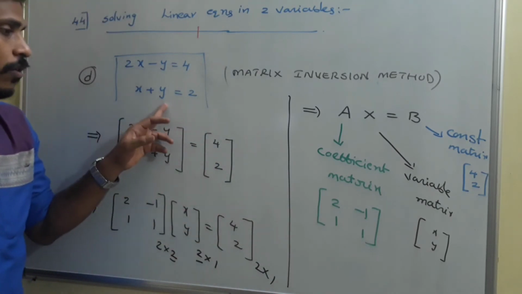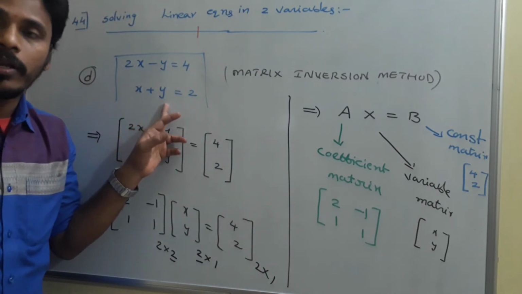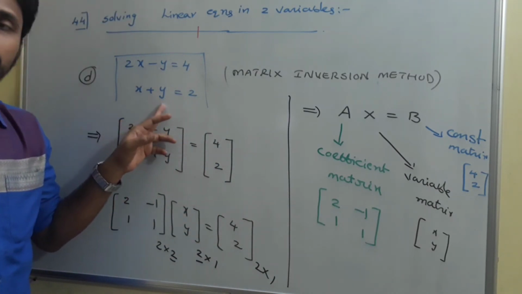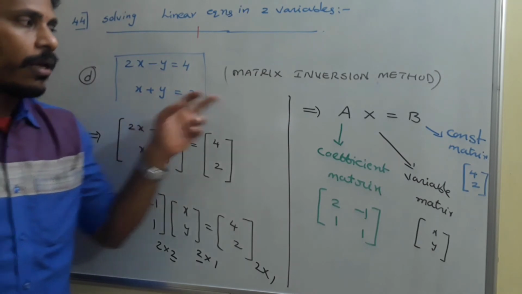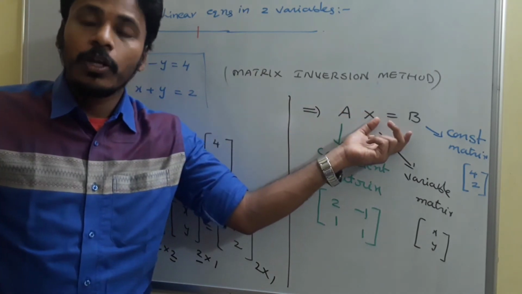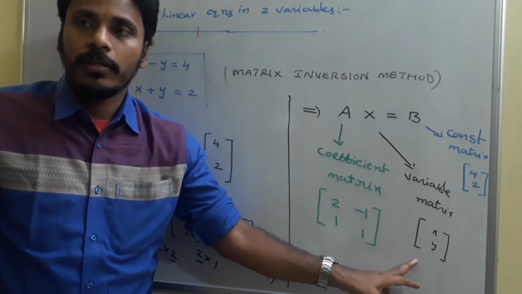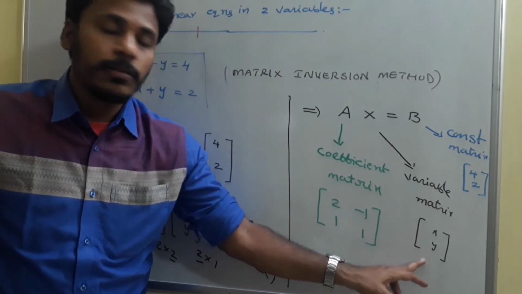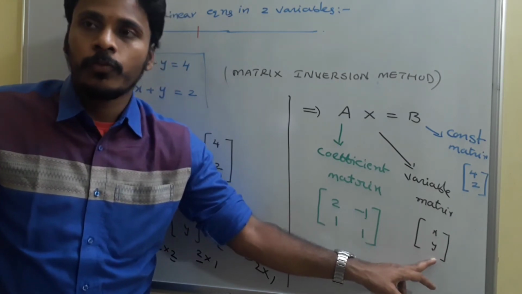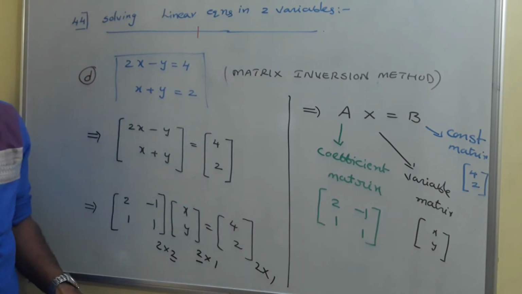So solving this equation means we need to find the values of small x and small y. If you find this variable matrix, then automatically you will get the values of small x and small y. There ends the task, okay?